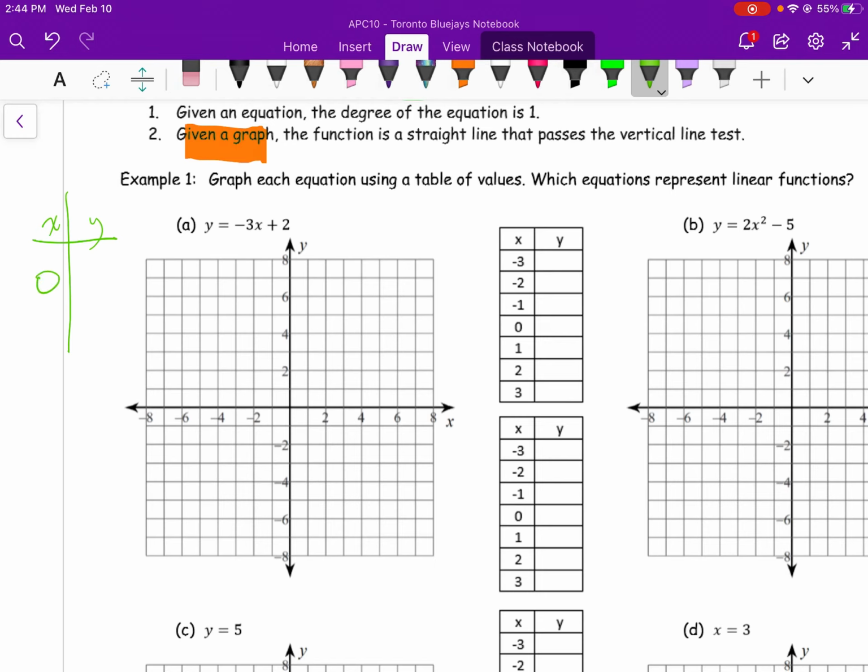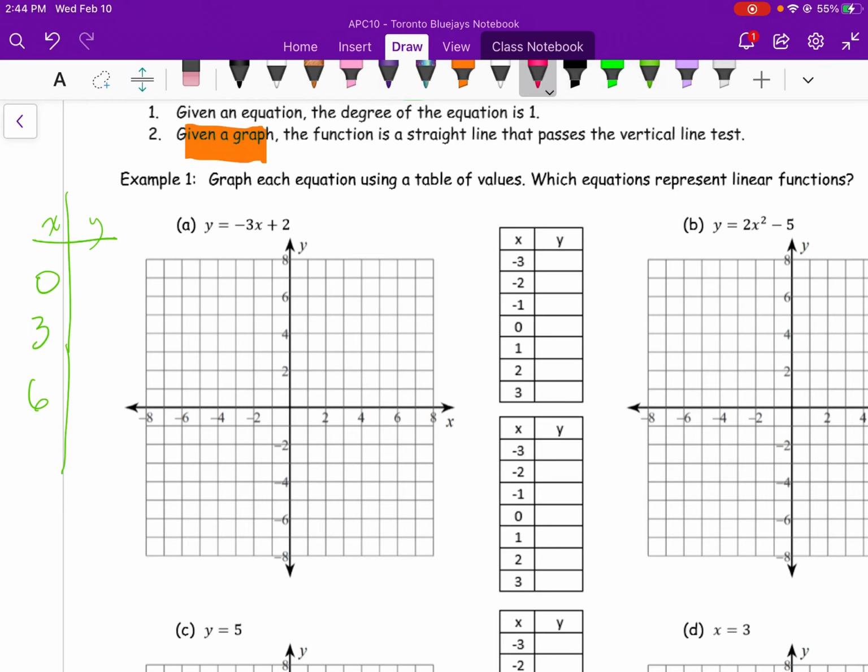I'm going to choose x is equal to 0 and x is equal to 3. If you want, you can also calculate 6. Why 6? Why not? If I could ask you a question, how many points do you need to graph a line? The answer is 2.